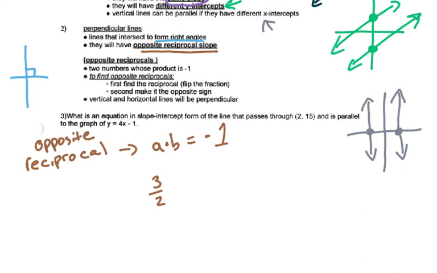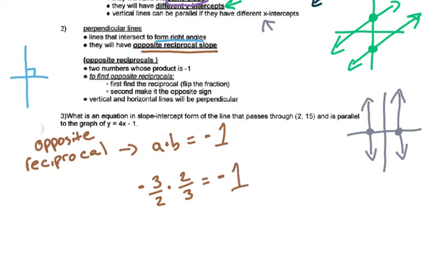I apologize. Opposite reciprocal means that when you multiply the two numbers together, let's call them A and B, you get -1. So the way most of you will probably think of it is, if I give you 3/2, the reciprocal of 3/2 is 2/3. If one of these is negative, then when we multiply them together, we would get -1.